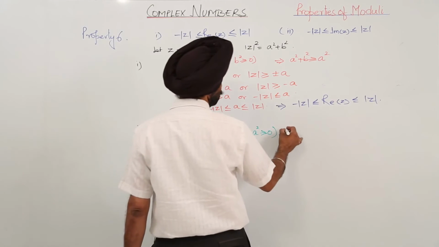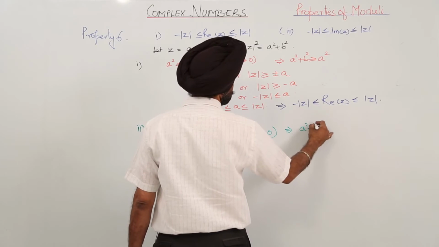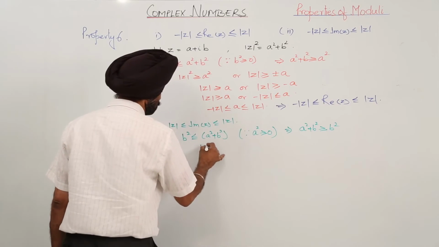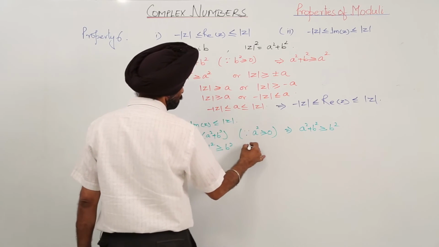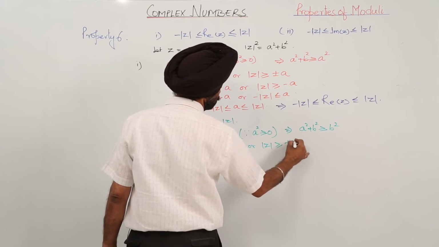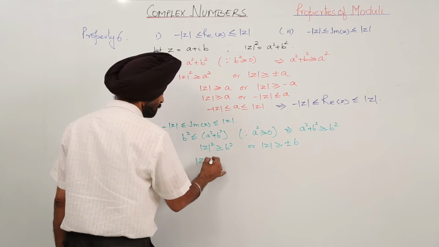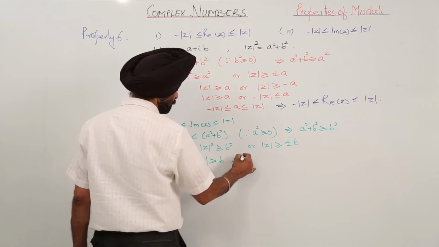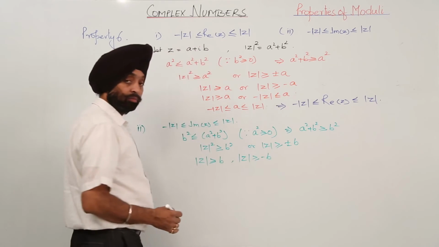So we can write a square plus b square is greater than or equal to b square. Now modulus of z square is greater than or equal to b square, or modulus of z is greater than or equal to plus minus b. In the same sense, it is greater than or equal to positive b and greater than or equal to negative b.